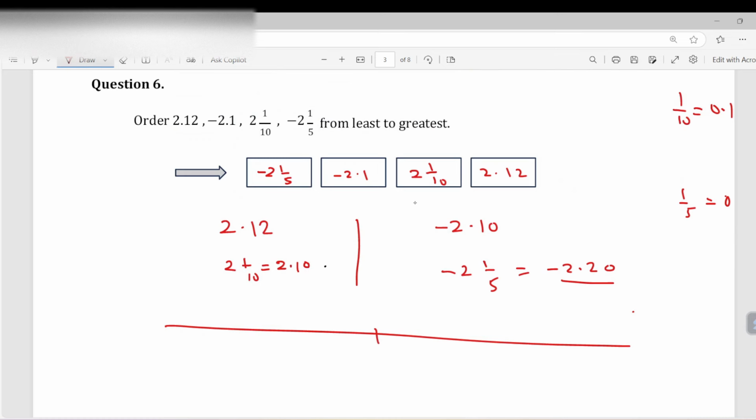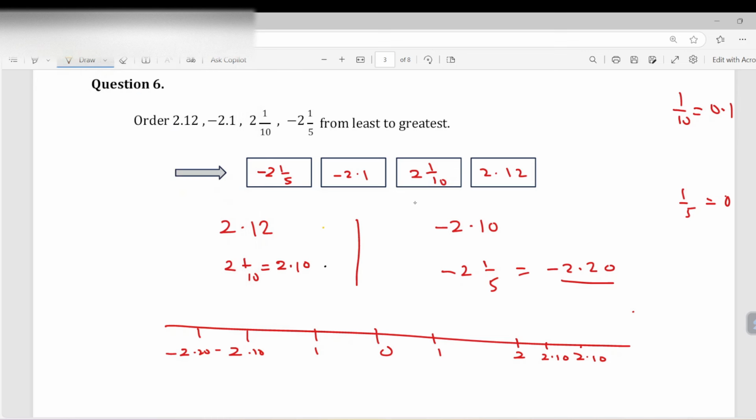If you draw the line 0, 1, 2, suppose this is 2.1, 2.10, 2.20, it is going on like this.